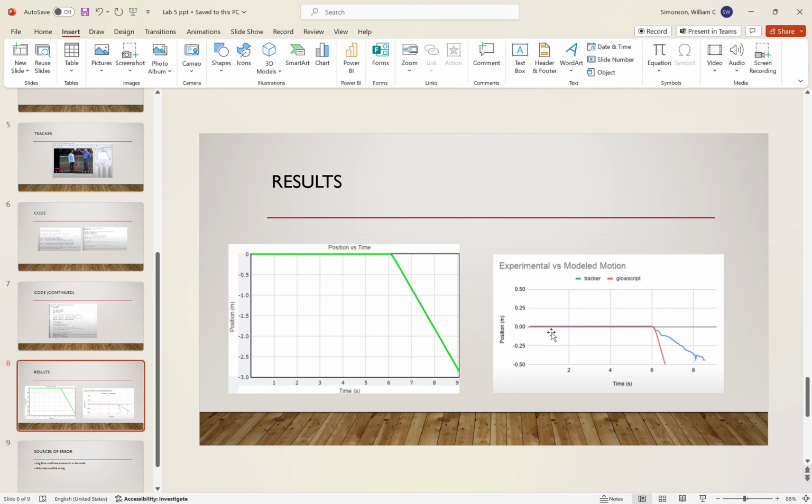And as you can see here, they both lose y value at a similar point, but the GlowScript predicts that the Slinky will fall faster, while the Tracker predicts that the Slinky will fall slower, and also, because of human error in the Tracker, not have complete constant velocity.